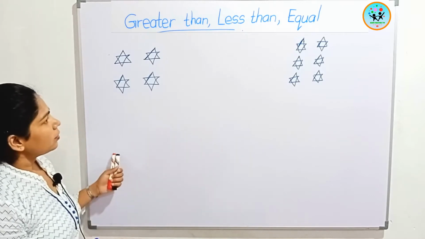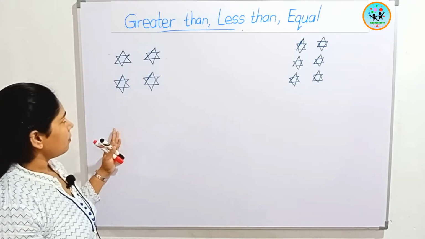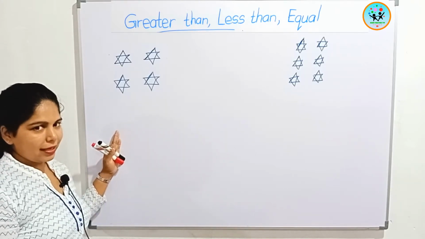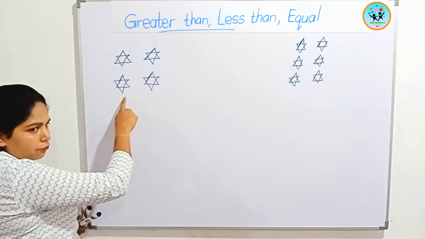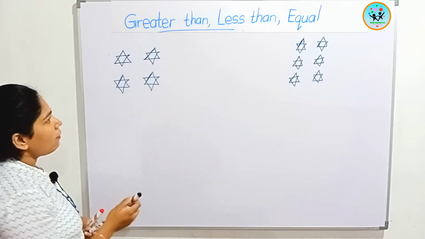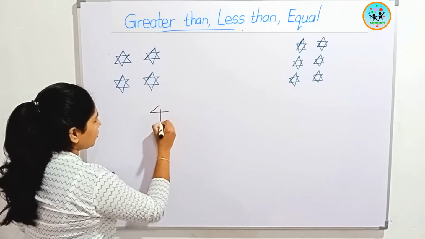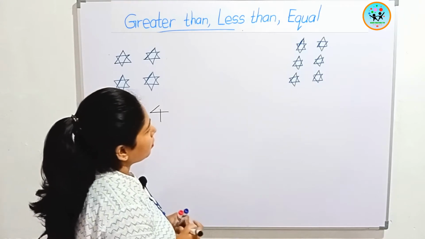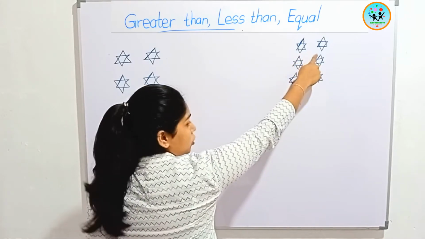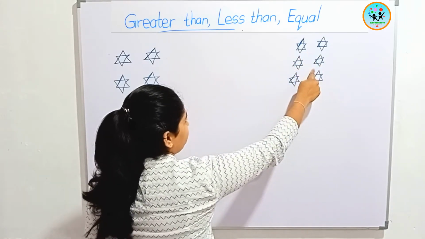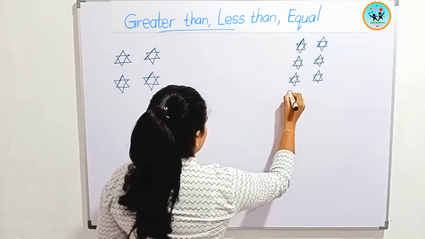Okay. First, we will look at left side. How many stars are here? Can you count? 1, 2, 3, 4. 4 stars are on the left side. Okay. We will count the stars on the right side. 1, 2, 3, 4, 5, 6. How many stars? 6 stars.